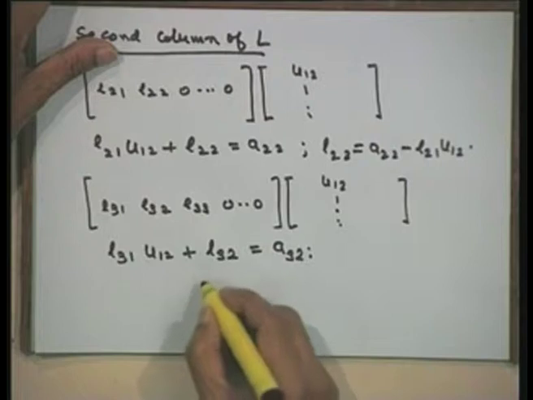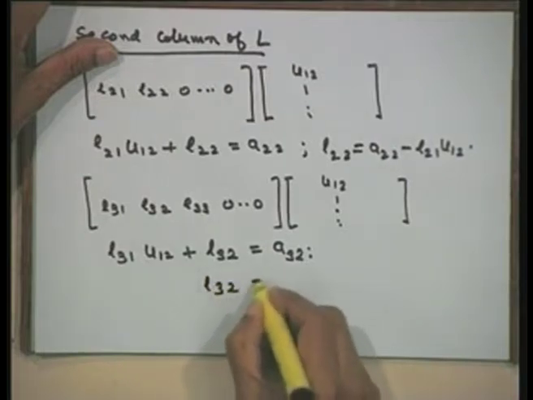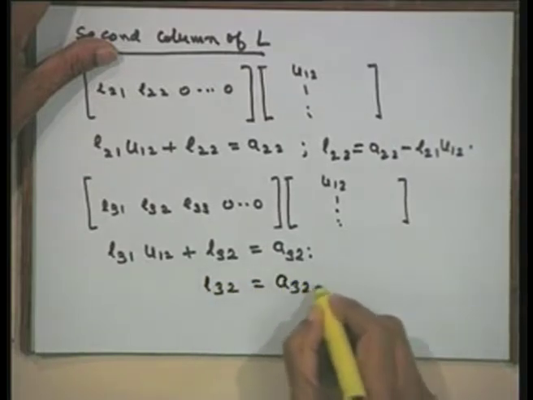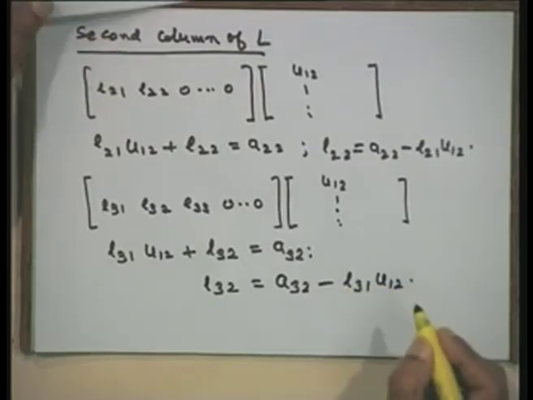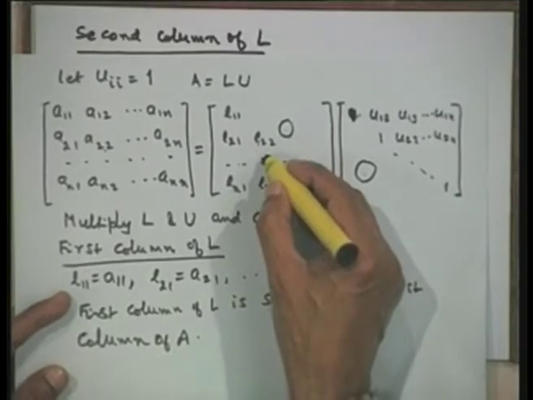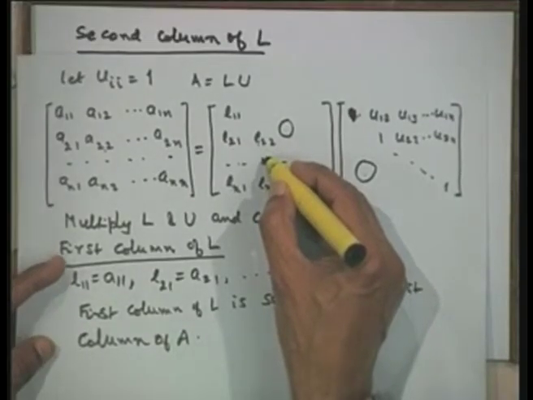Therefore, this gives me L32 is equal to A32 minus L31 U12. Now, this element L32 has been determined.